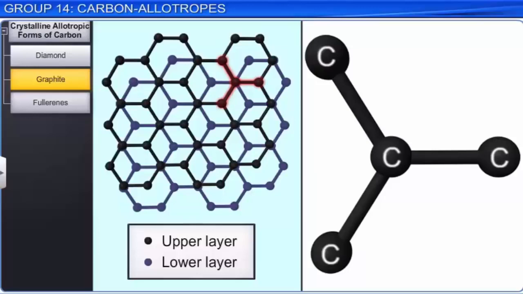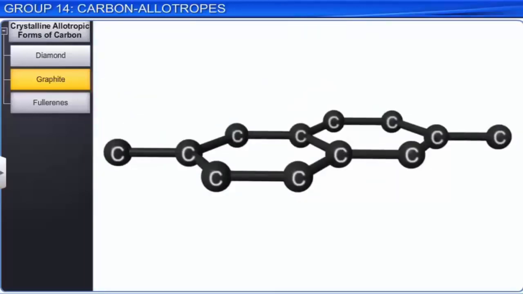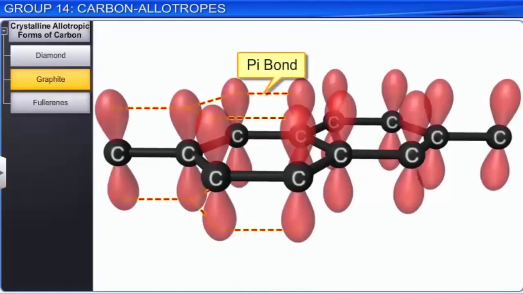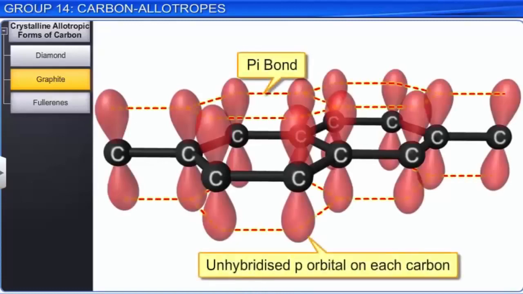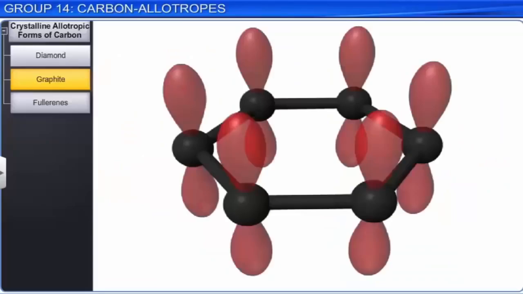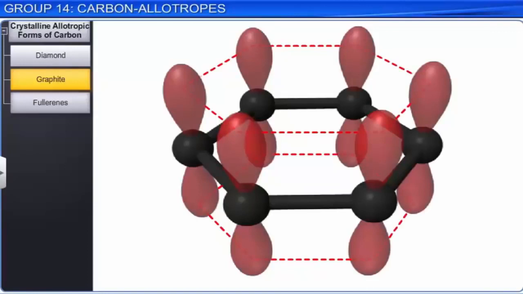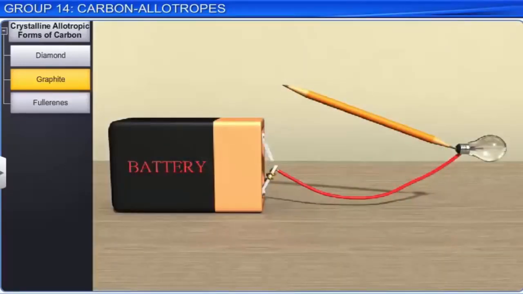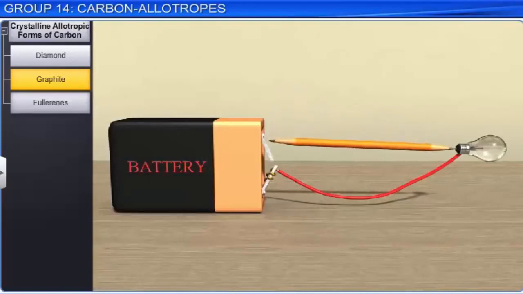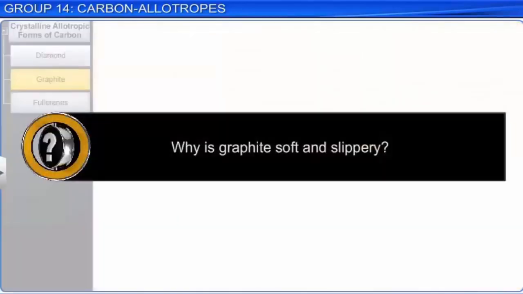The 4th electron of each carbon is involved in pi bonding, using the unhybridized p orbital on each carbon atom as shown in the illustration. The electrons involved in the pi bonding are delocalized. This means that they are free to move, and thus graphite is a good conductor of electricity.